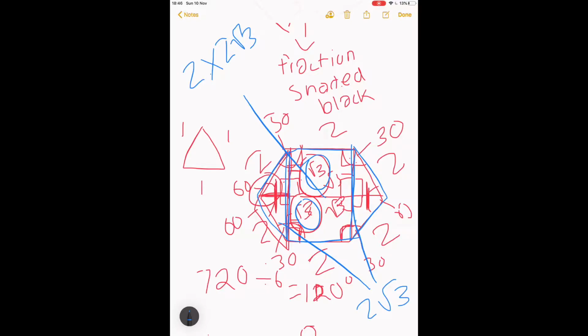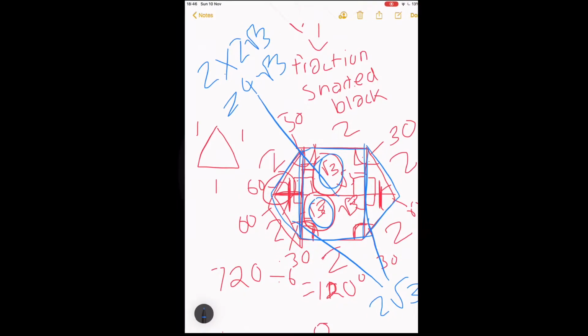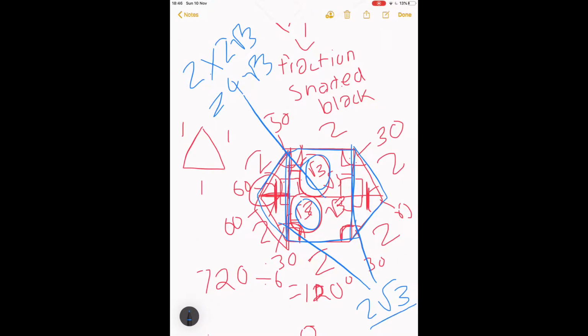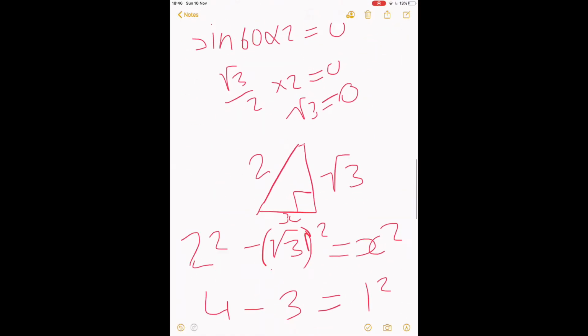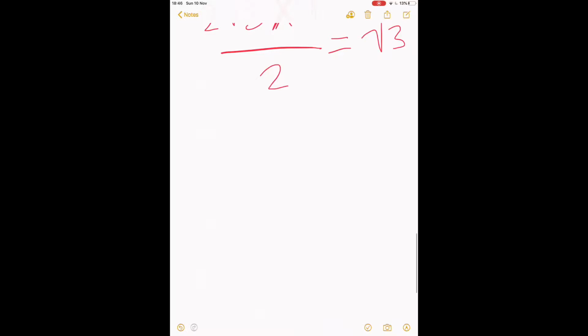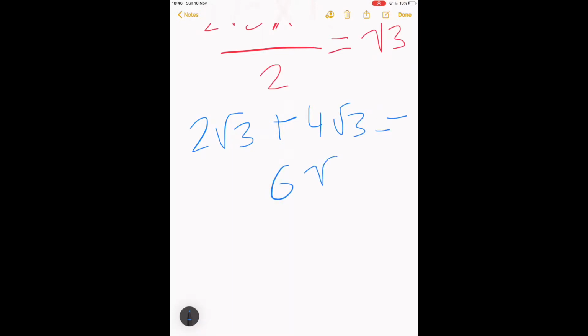So 2 times 2 root 3, which equals 4 root 3. So we have our 2 root 3, and we have our 2 root 3, and we have our 4 root 3. So then below we can do 2 root 3 plus 4 root 3, which equals 6 root 3. So 6 root 3 is the area of one hexagon.